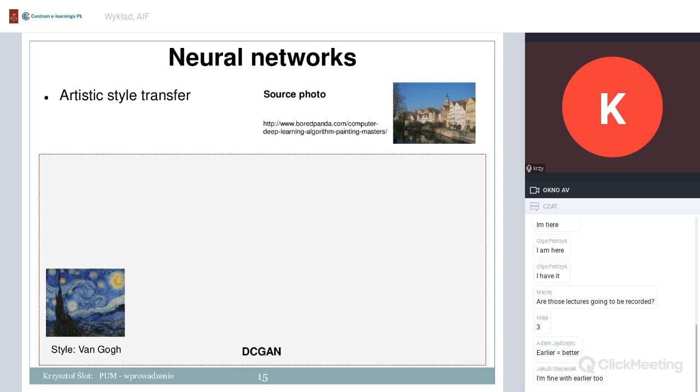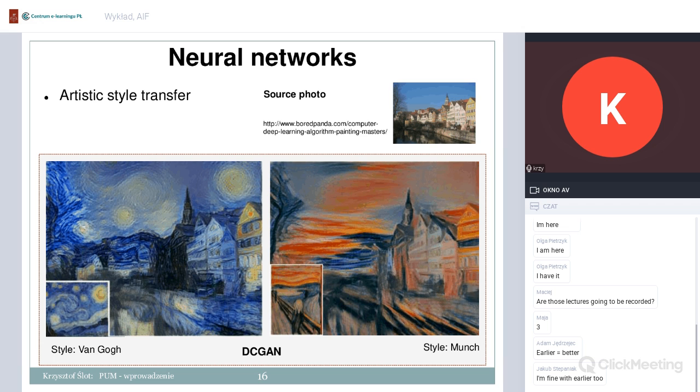The first style that was learned by a neural network was Van Gogh style. That means that the network was being presented with samples of Van Gogh's paintings, and it learned to apply this style and to convert this picture. So here on the left, you have this Van Gogh style.